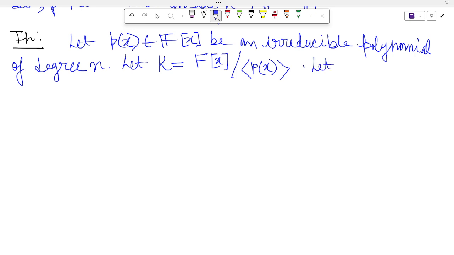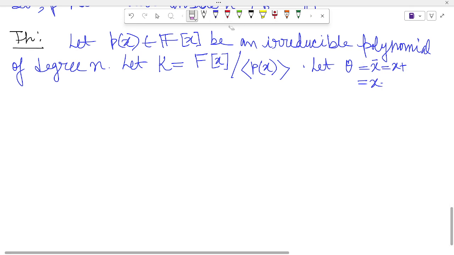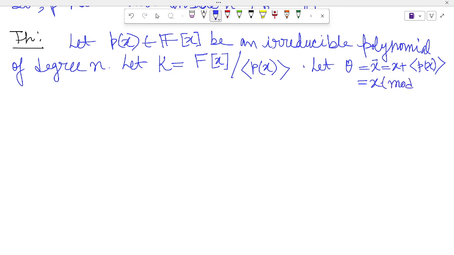Let theta, or x bar, whatever you can say, be x plus p(x), the image of x, that is x mod p(x). Everything is same. Whatever is this, let that be theta.